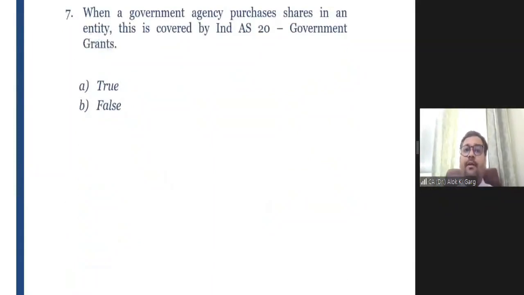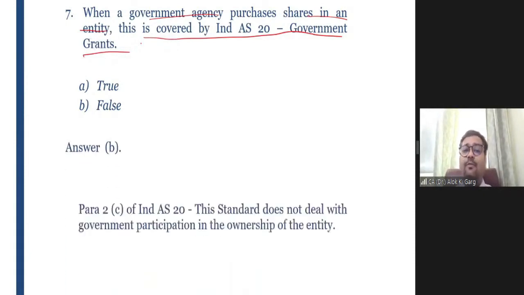Question number 7. When a government agency purchases shares in an entity, this is covered by Ind AS 20 government grant. True or false? Do you remember what are the items which were out of the scope? It is not covered under Ind AS 20. It is out of the scope, guys.